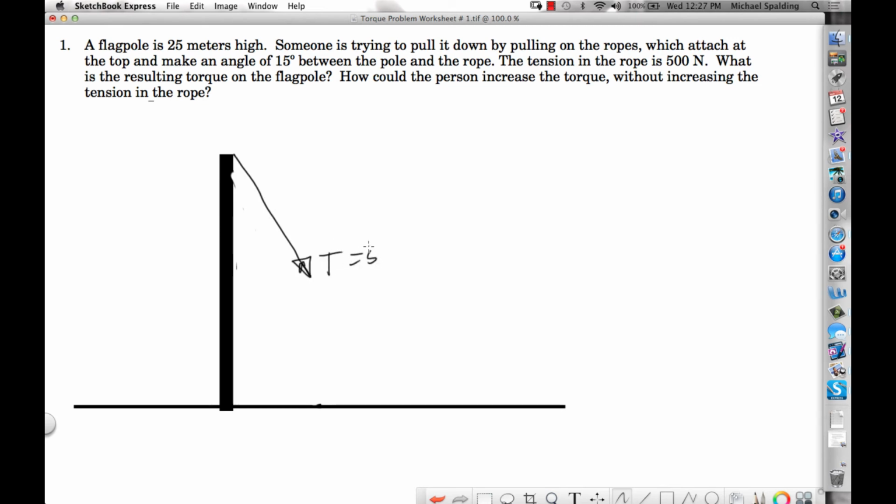Tension equals, hold on, put on this side. Tension equals 500. That's this vector right here. This is 15 degrees. The flagpole's 25 meters high. The axis is down here.